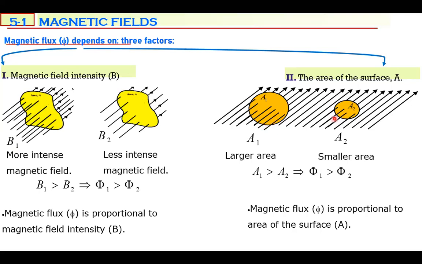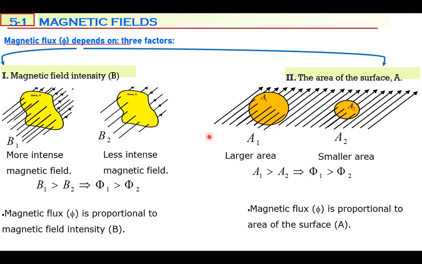So 1, 2, 3, 4, 5, 6, 7 lines are crossing A1, but 1, 2, 3, 4 lines are crossing A2, which means if you use a larger area, it is possible to get a greater magnetic flux through that area. So magnetic flux is also proportional to the area of the surface.